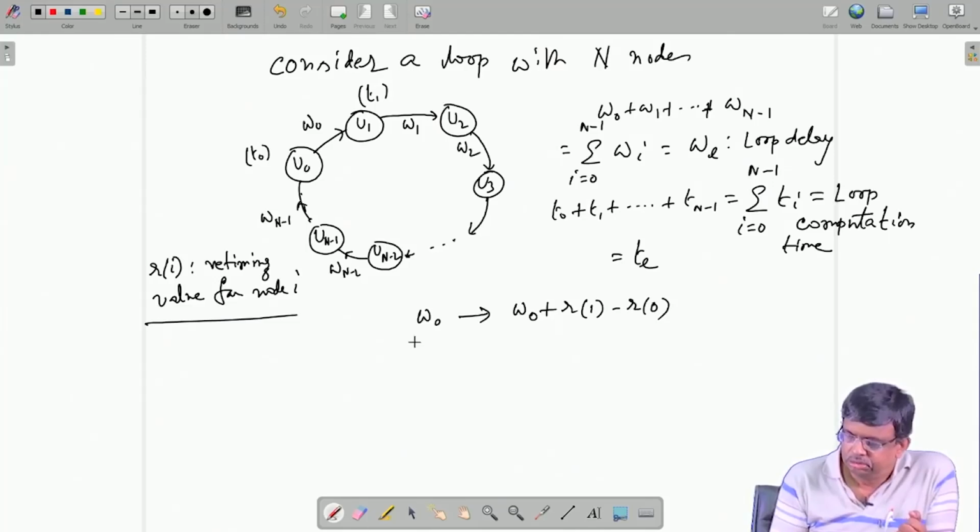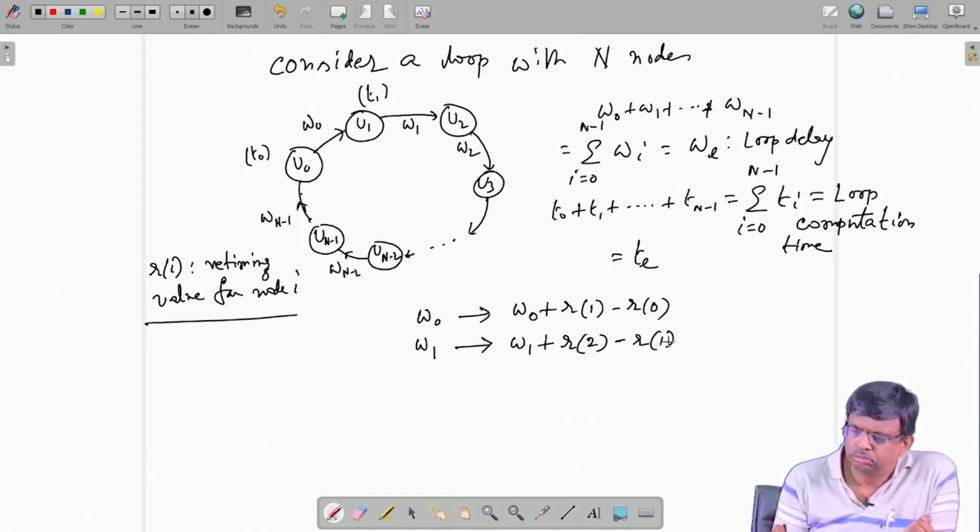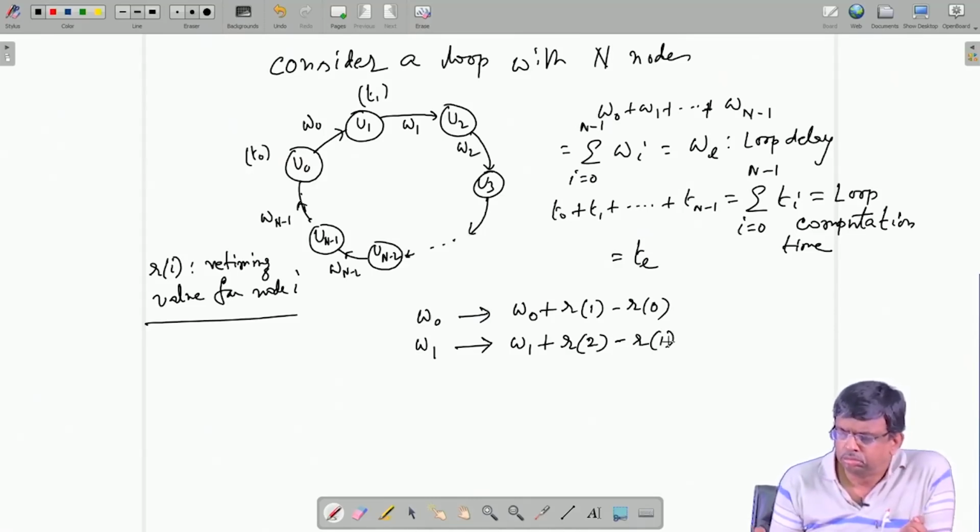Okay. Similarly, W1 will be original W1 plus R of 2 minus R of 1. Okay. Dot dot dot, maybe one more I take, W2 will become W2 plus R of 3 minus R of 2.